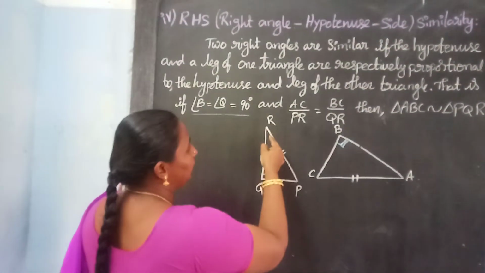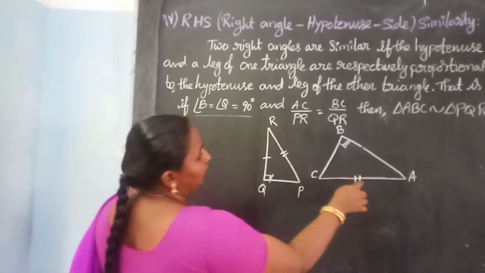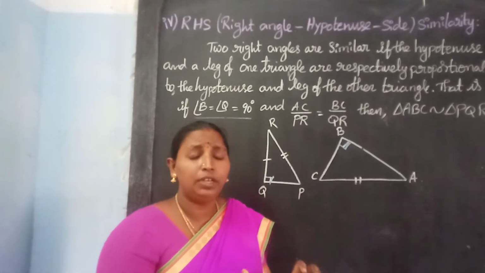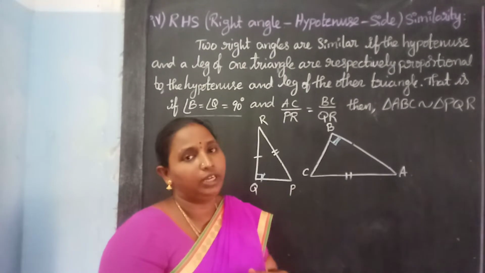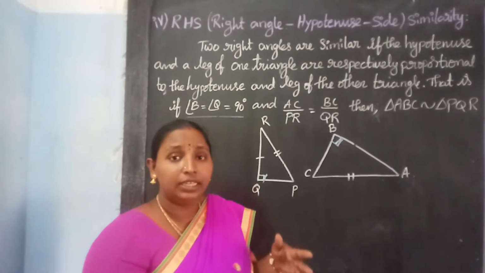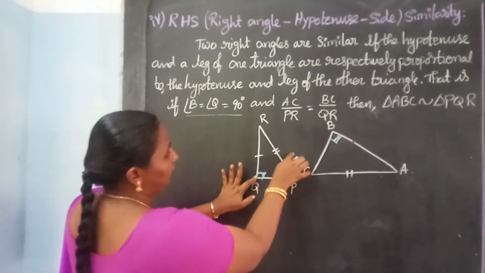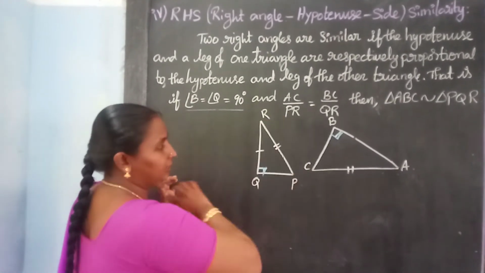So what about the other sides? You have to see the hypotenuse. The hypotenuse here is PR, and here the hypotenuse is AC. Already I told you which one will be the hypotenuse of a right triangle: just opposite to the right angle. For triangle PQR, the side opposite the right angle is PR, so PR is the hypotenuse.